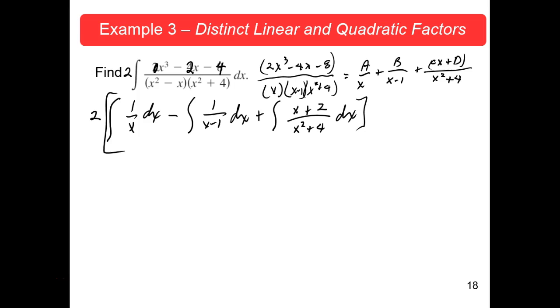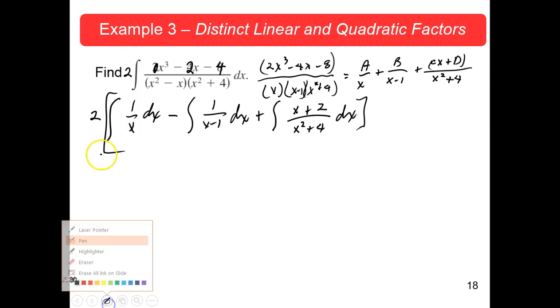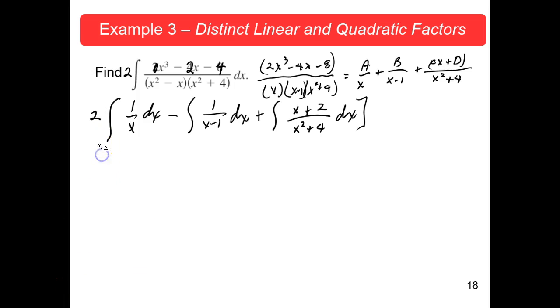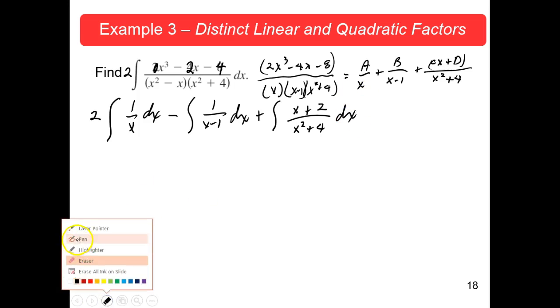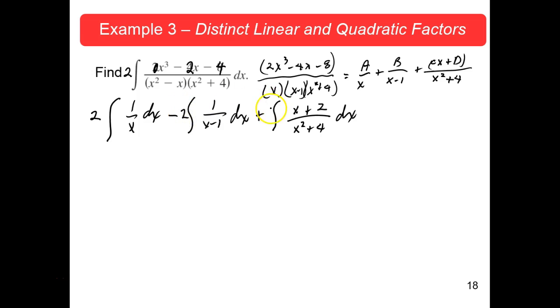Actually, I'm going to do something that might look a little strange. I'm going to multiply the 2 inside everything. So I'm going to do 2 there. And I'm going to do a 2 here. And I'll do a 2 here.